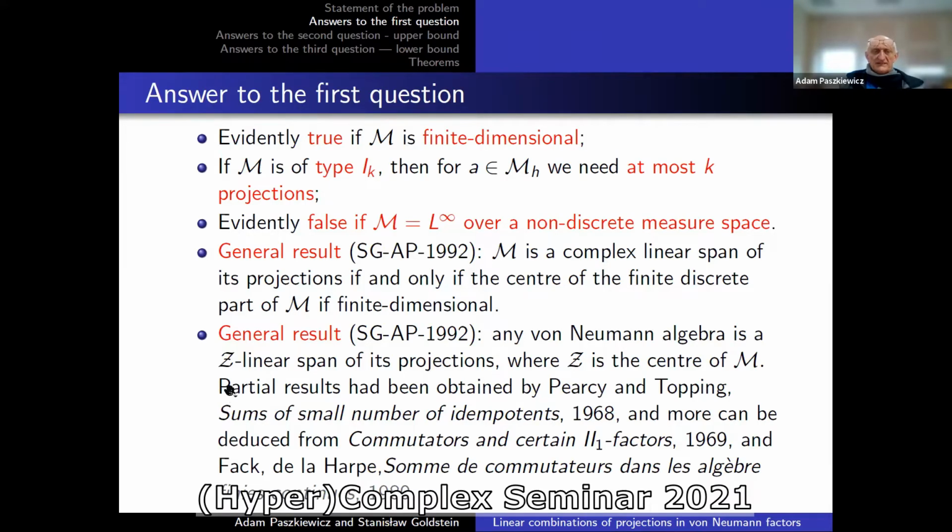Any operator can be represented using coefficients from the center of the algebra by the use of a finite number of projections. These results are now about 30 years old, but in fact many results we obtained just in the last 2 years.